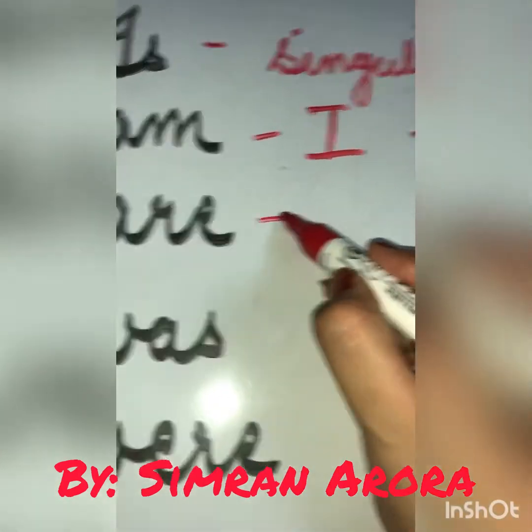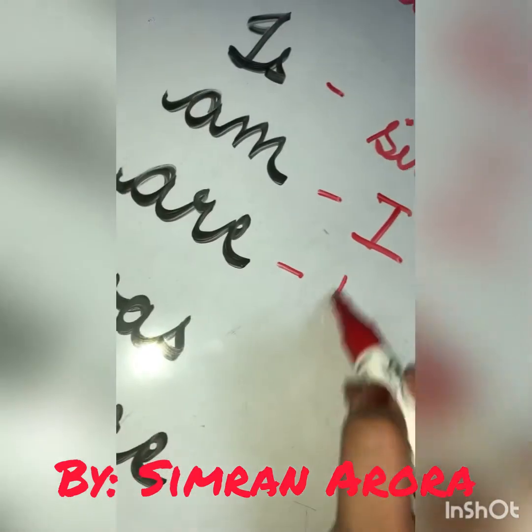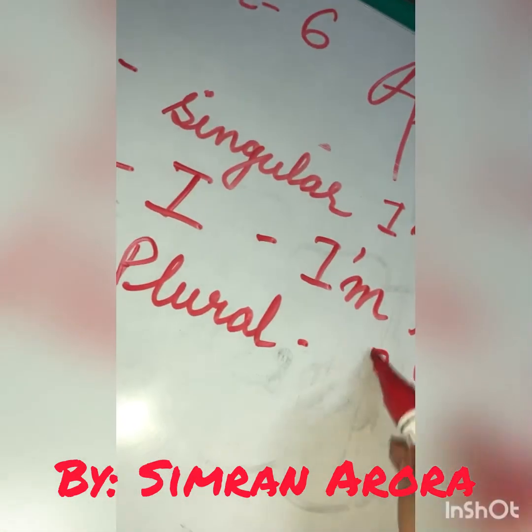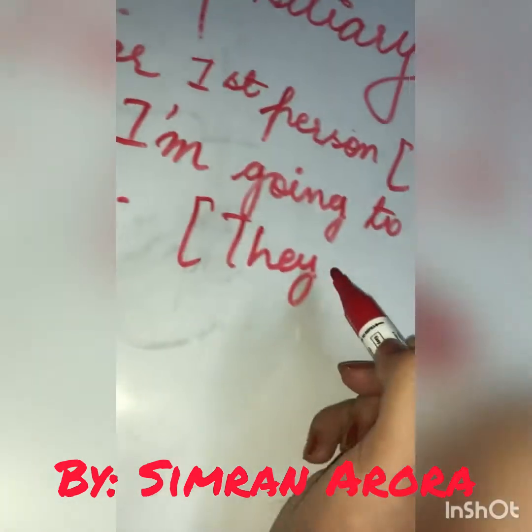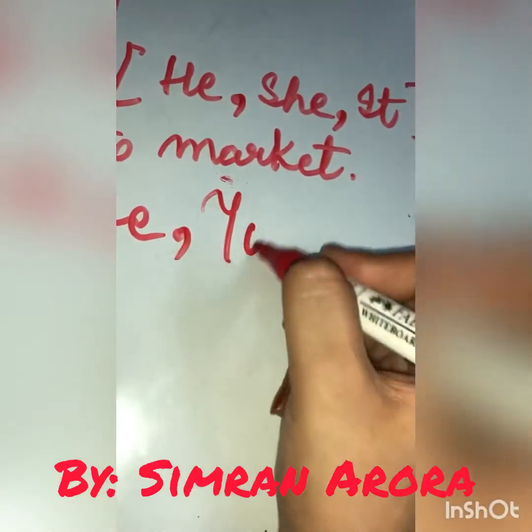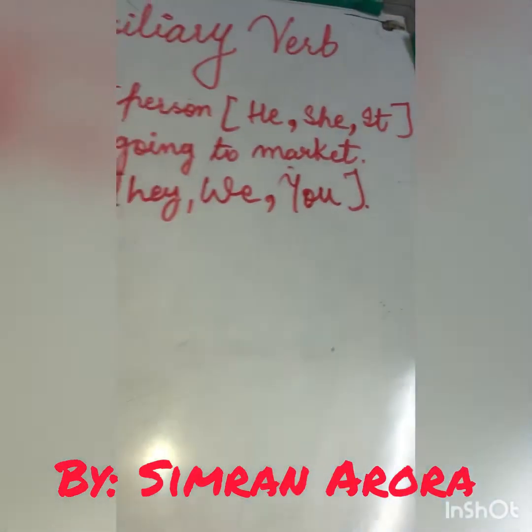Third one is are. We use are with plural. For example, they are, we are, you are, etc.